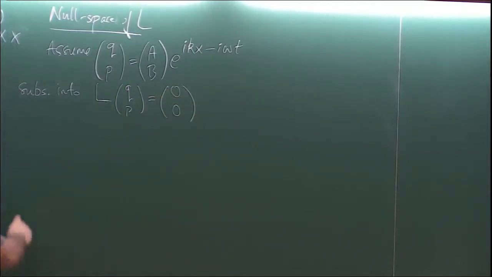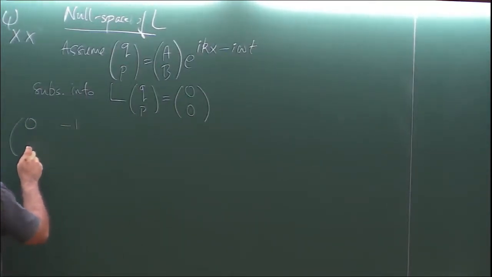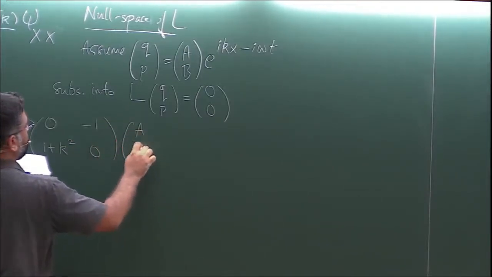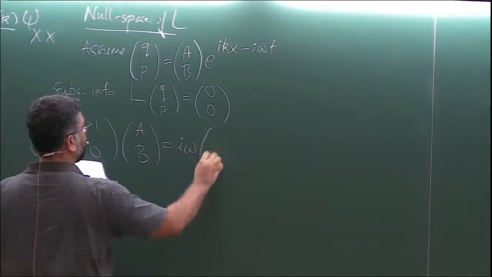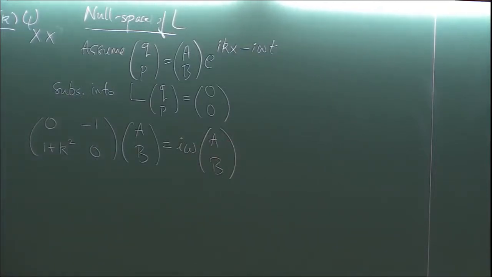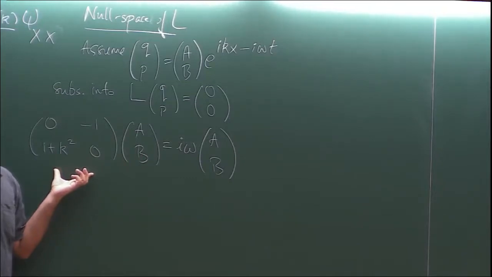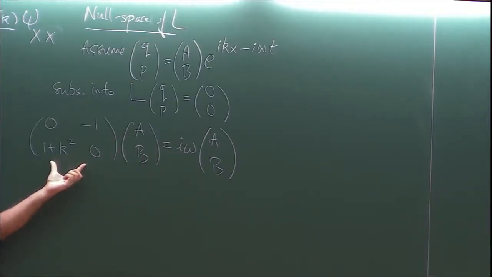we end up with the matrix 0, -1, 1 plus k squared, 0, acting on AB, equals i omega times AB. You just put that in, everyone gets an exponential, throw away the exponential, and so you end up with an eigenvalue problem for this matrix. i omega is the eigenvalue of this matrix.